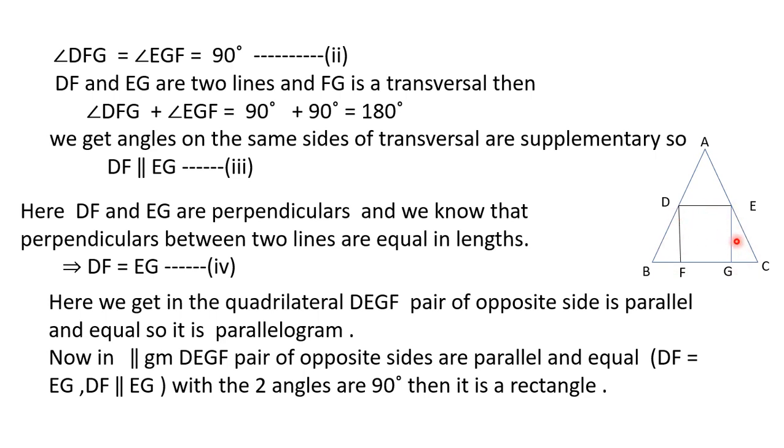So DEGF is a parallelogram. And in this parallelogram, a pair of opposite sides are parallel and equal with two angles of 90 degrees, so it is a rectangle. So it's proved that DEGF is a rectangle.